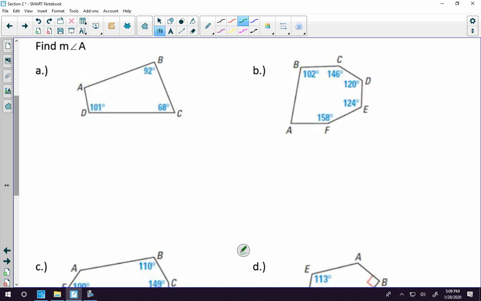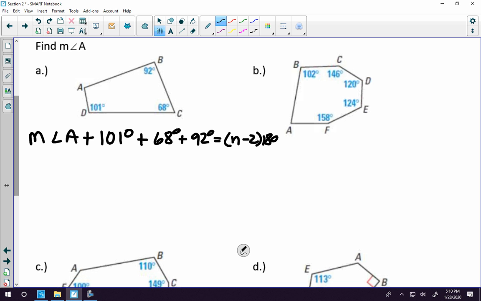So in part A, notice that it is a convex quadrilateral. So it has 4 sides. And if it has 4 sides, it definitely has 2 triangles in it. So to find the measurement of angle A, we're going to take the measurement of angle A plus the measurement of angle D, which is 101 degrees, plus the measurement of angle C, which is 68 degrees, plus the measurement of angle B, which is 92 degrees, which is equal to n minus 2 times 180 degrees.